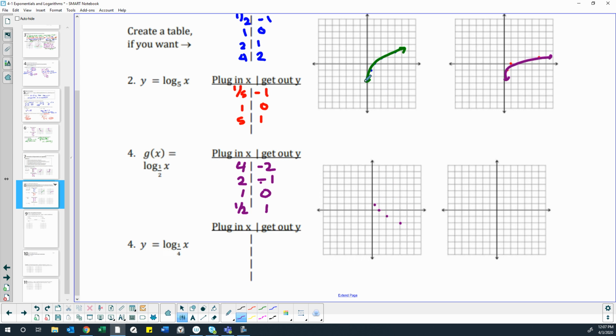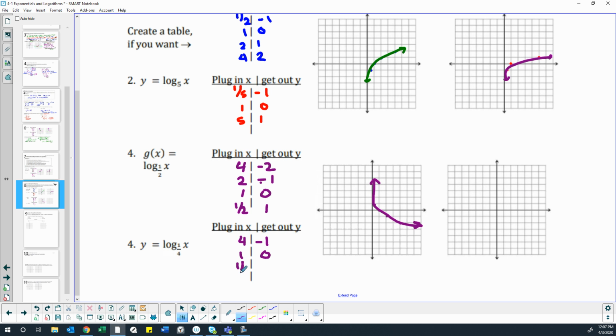So you can see it's just like our logarithmic graph, but it's flipped over the x-axis. Let's do our 1/4. So I'm just going to start with 4. That would be a -1. And then 1 is 0.